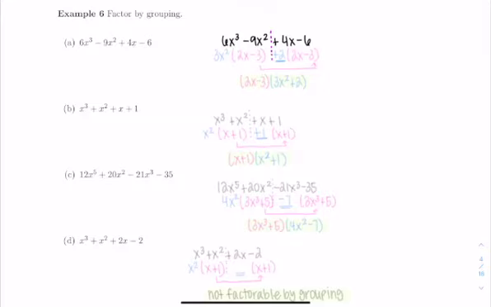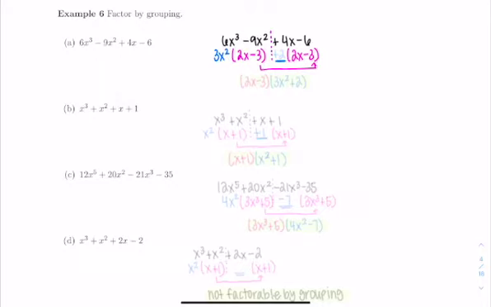I can pull a 3 out of both pieces, and I can pull an x squared out. So I'm going to pull 3x squared out, and then what I have left over is 2x minus 3. And for factoring by grouping to work, I have to have 2x minus 3 on the other side. So I'm going to copy and paste it, and I have to figure out what goes out front so that when I distribute it back in, I end up with 4x minus 6.